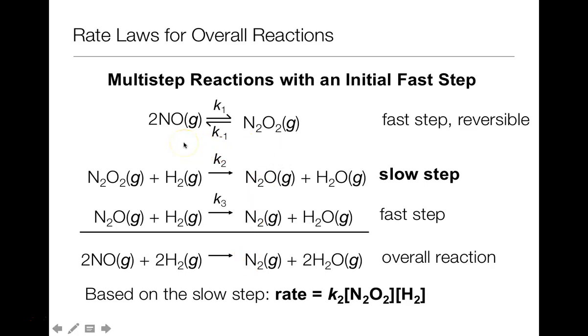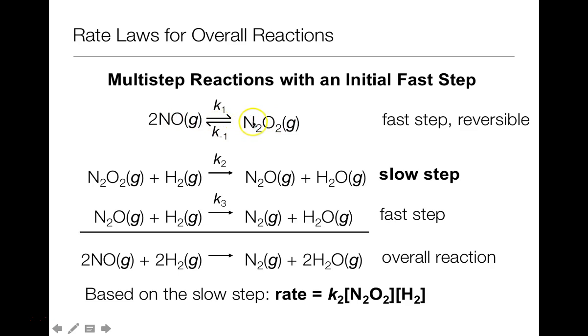The first step is reversible, in which two NOs combine in the correct orientation with the correct energy to form N2O2. This represents a very fast first step in which the NO reacts with NO, but also a very fast reversible step in which that molecule is unstable and breaks apart.